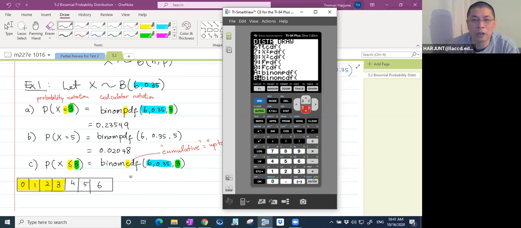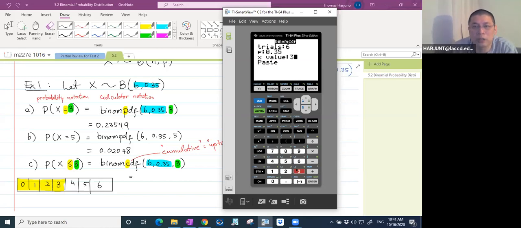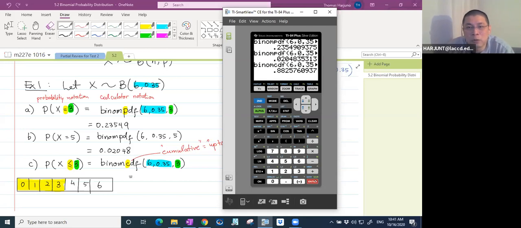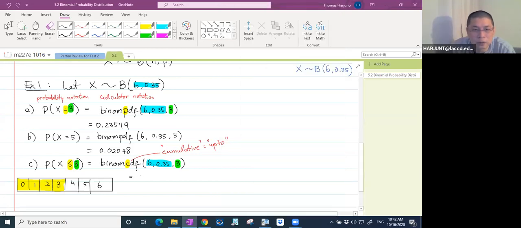Enter the number of trials 6, enter probability of success for each trial is 0.35, enter cumulative up to 3 tails, enter, paste it, and then when you enter again, you get the probability. 0.88258.